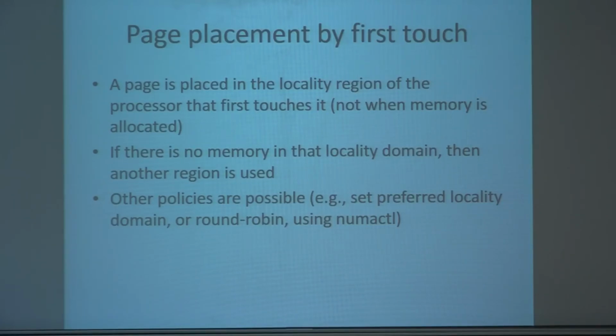Okay? Now, if for some reason your thread moves to another processor, then you will be accessing memory in a farther memory domain. So it's important then to make sure that all of your threads stay locked onto the same core or the same processor, and that is called thread affinity.